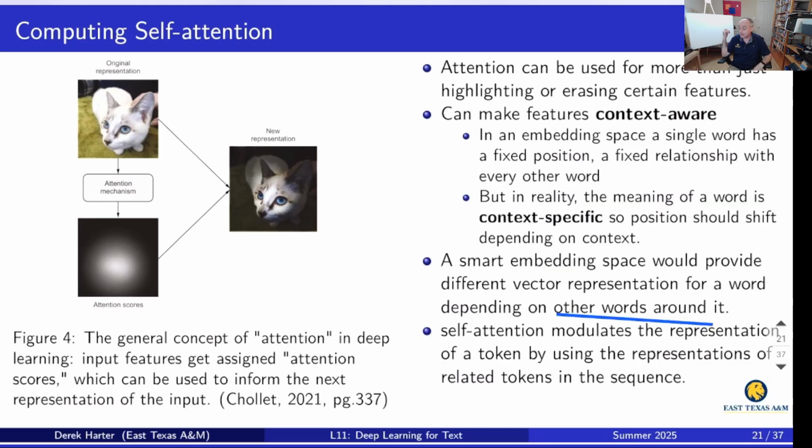That's what the self-attention mechanism for deep networks actually does. Self-attention modulates the representation of a token in a word embedding space by using the representation of the related tokens around it.